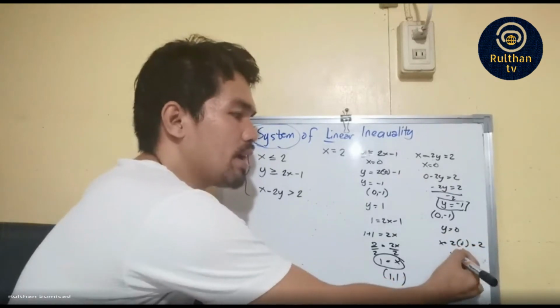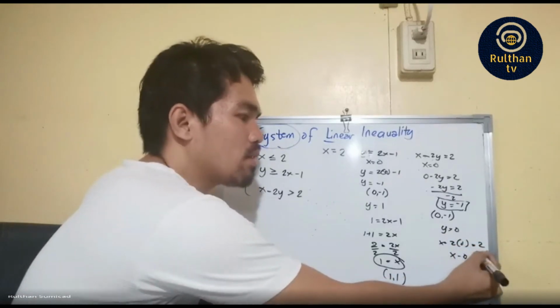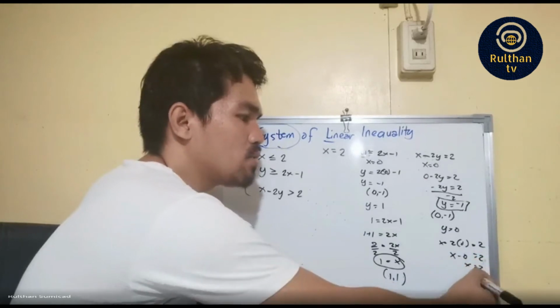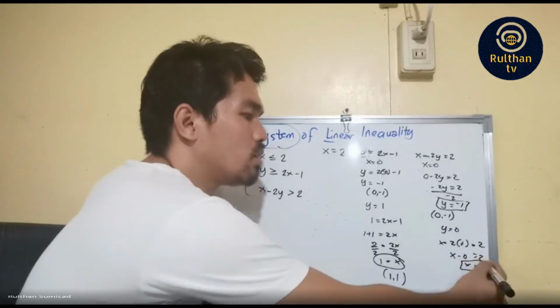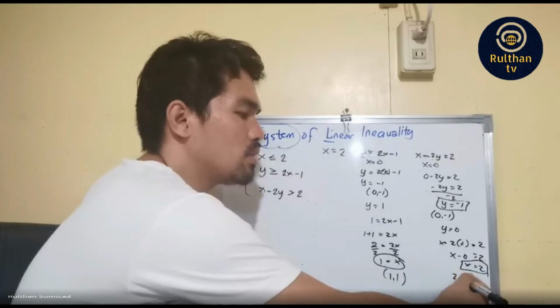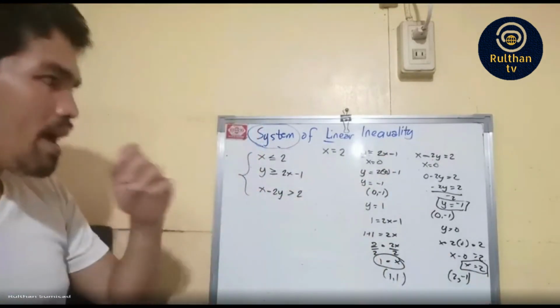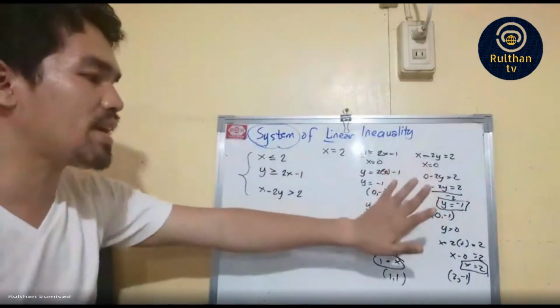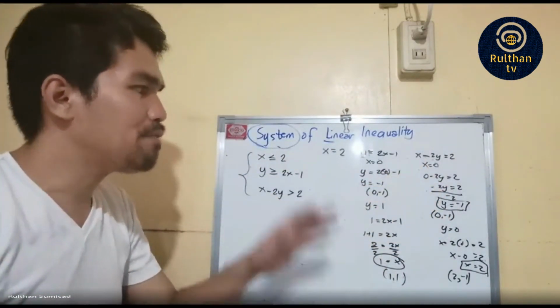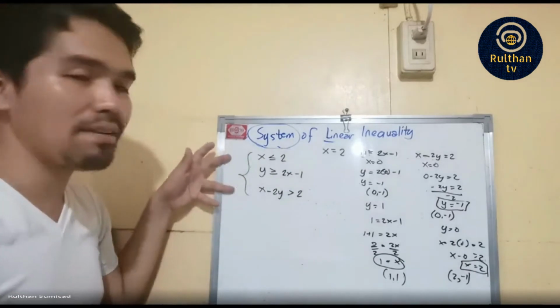So that is x minus 0 equals 2, x equals 2. So I have now 2, 0. So these are my values. So I have already the necessary information to be able to graph the system.